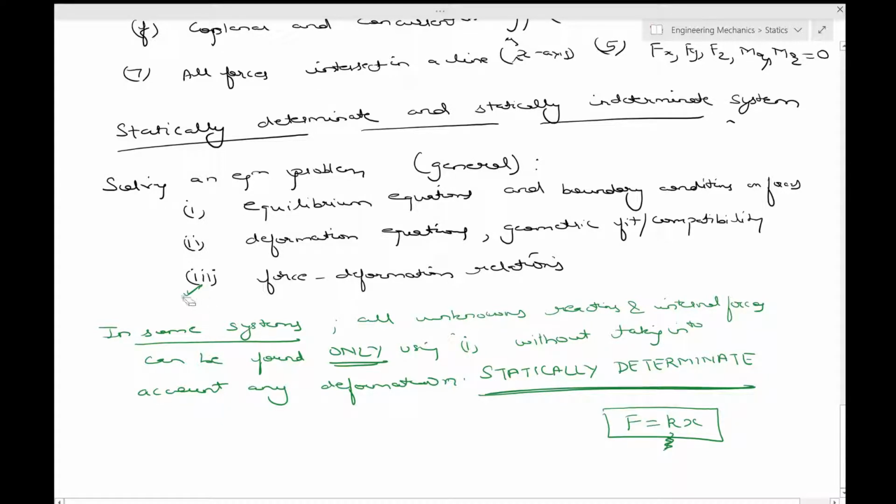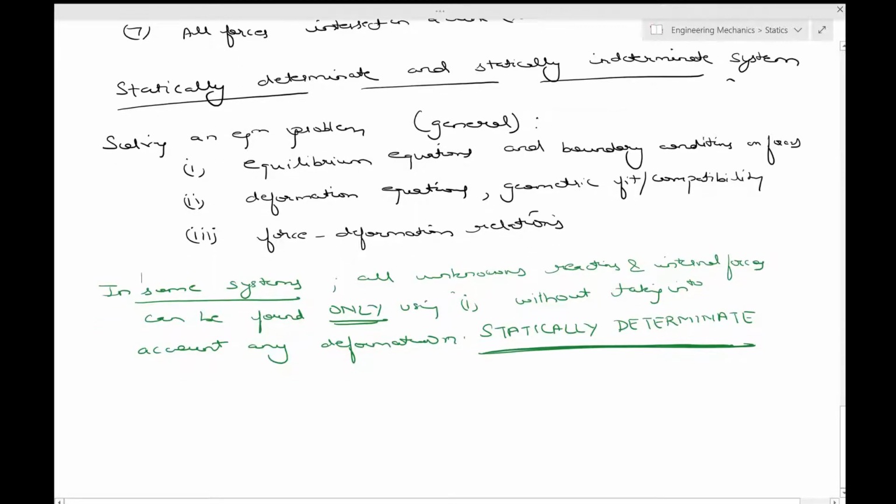So if you don't really require this force deformation relation, for a statically determinate system, we can find out all the unknowns independent of the material properties of the body or parts of it. Okay, so that's how we can go about it, because this is dependent on the material.